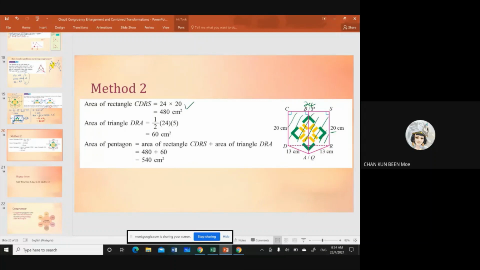After that, they get the area of the triangle DRA, which is 1/2 times 24 times the height over here, which is 5. So the area of the pentagon will be the total plus this area. So it's 540. Okay, right? So you can see down here the slide already.